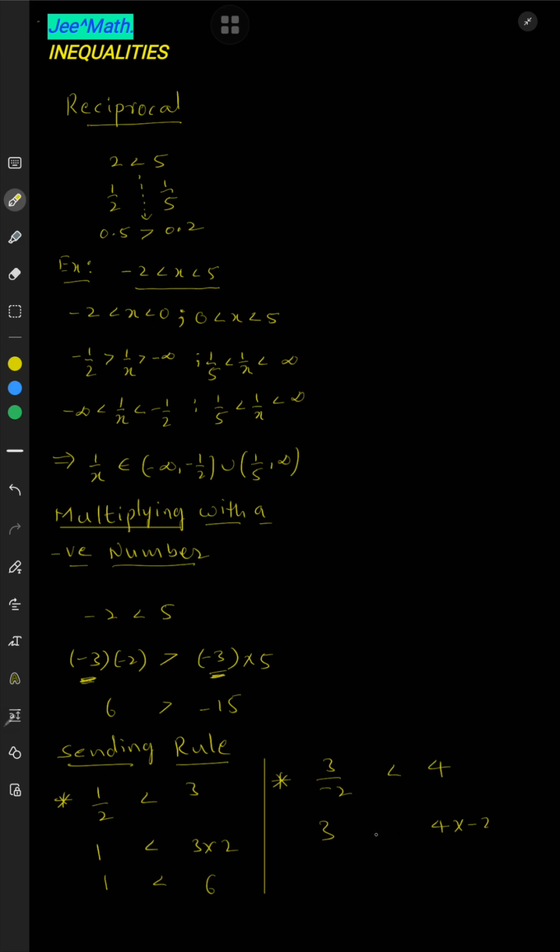Then what about the inequality? Here a positive number is there, and here a negative number is there, so the positive number is more than the negative number. So 3 is more than -8. So when sending a negative number to the other side, you need to change the inequality. When sending a positive number to the other side, you should not change the inequality. In that way some rules are there. Thank you everyone.